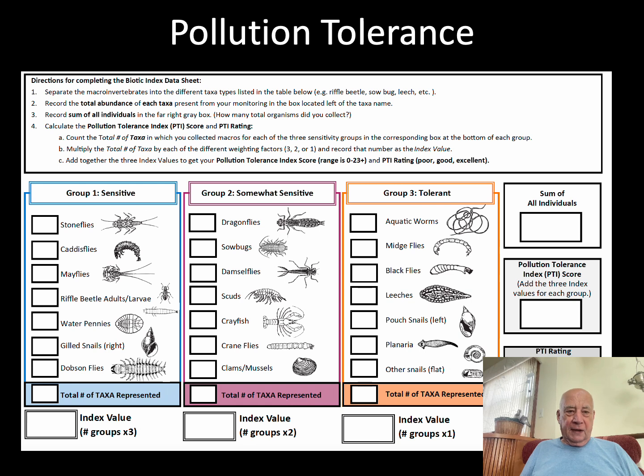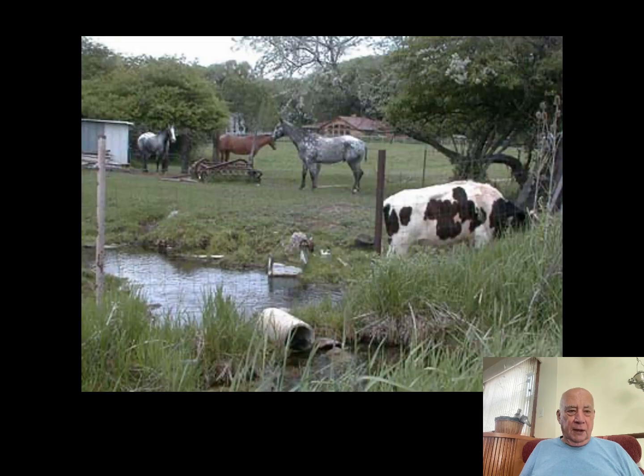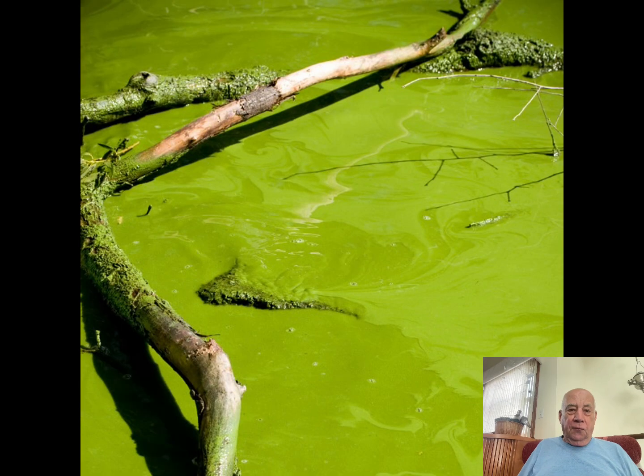So what can affect that water? Well, we've got animals. If you've got animal waste going into the water, that's going to reduce the oxygen. It's going to make it so that fish can't even live in it because there's not enough oxygen. If we have a lot of algae in still water and it turns green like this, there's very, very low oxygen levels. So we don't want that to happen to run into our streams or your pond.